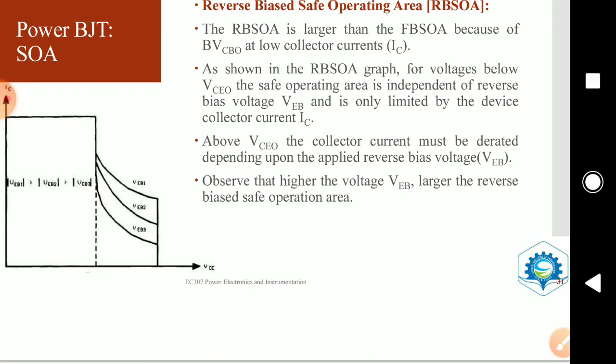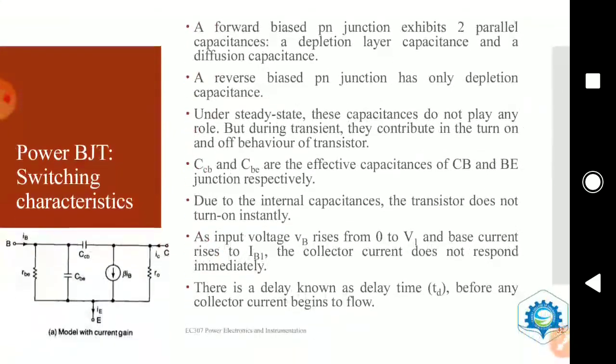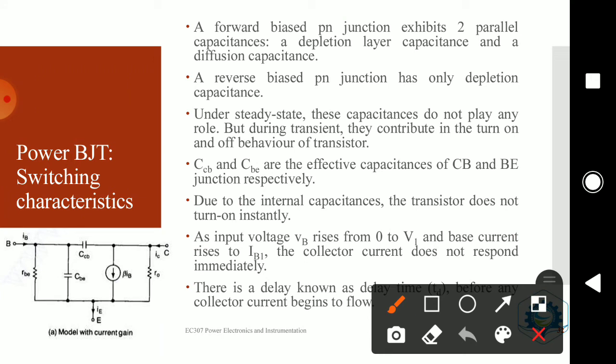Next, we can move on to the switching characteristics of the power BJT. Now, before moving on to the characteristic, we can see that the normal forward biased PN junction, okay, it's not a transistor, the normal forward biased PN junction exhibits two parallel capacitances.